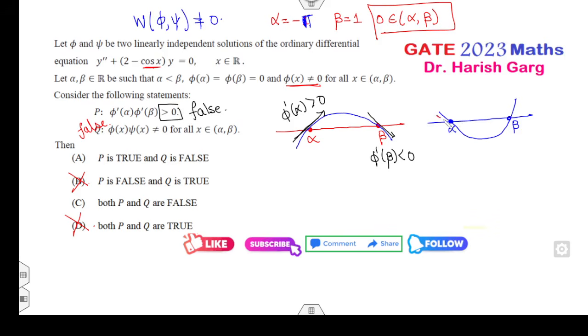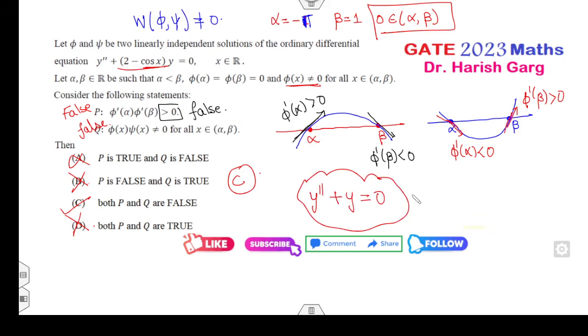Similarly for this case, यहाँ पे आपका ग्राफ नीचे को जा रहा है, that's a decreasing, phi dash of alpha is less than 0, here the slope is increasing, phi dash of beta is my greater than 0, again the product is my less than 0, but he said positive, so both are my false statement is the right answer. Fine, clear? तो देखिए सबसे पहले मैंने क्या करा, मैंने इस डिफरेंशियल इक्वेशन को सिंप्लीफाई कर लिया.